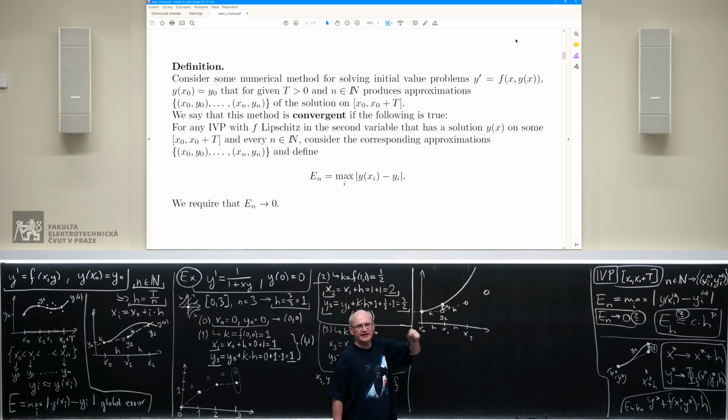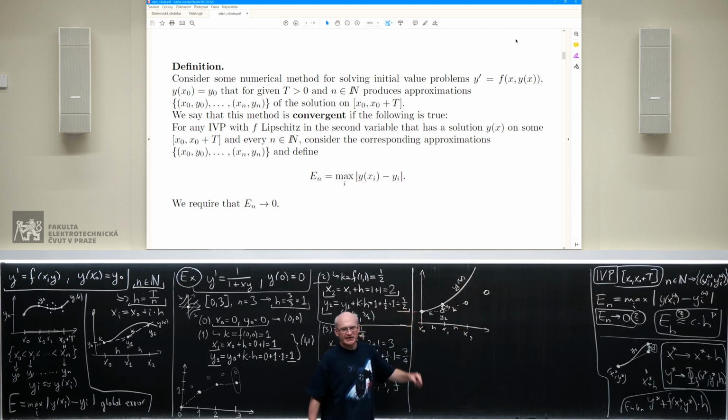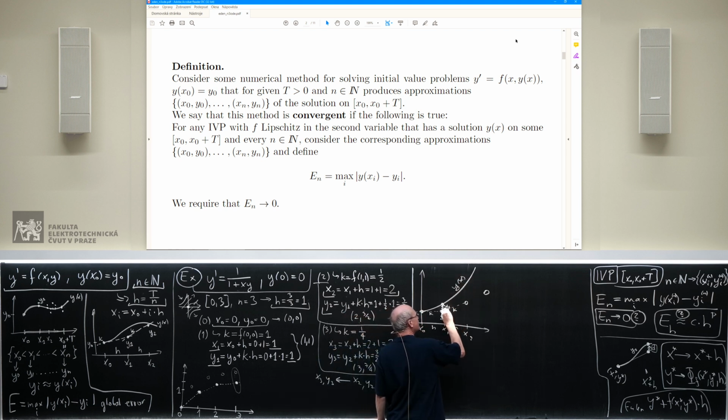So what was I doing at the second step? And the answer is, I was actually trying to follow a solution which passes through here. So if the actual solution is called y of x, then in my second step, I was actually following a different solution which I can call, let's say, y star subscript.